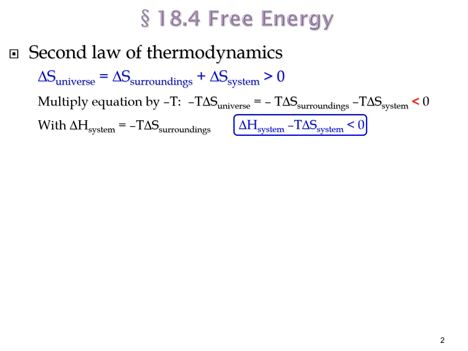As long as the subtraction gives us a value less than 0, a negative value, we have a spontaneous process. So delta H minus T times delta S is big. And this is the equation that we can use to represent the second law of thermodynamics, the law that tells us how we are able to predict a spontaneous process.